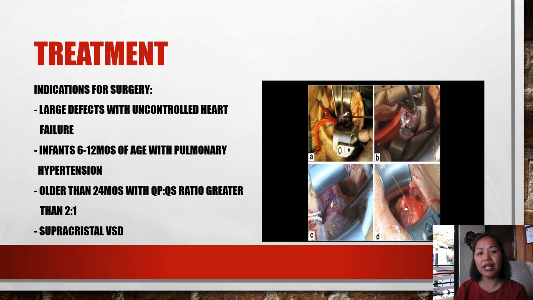Indications for surgery include large defects with uncontrolled heart failure, infants 6 to 12 months of age with pulmonary hypertension, older than 24 months with QP:QS ratio greater than 2:1, and supracristal VSD.